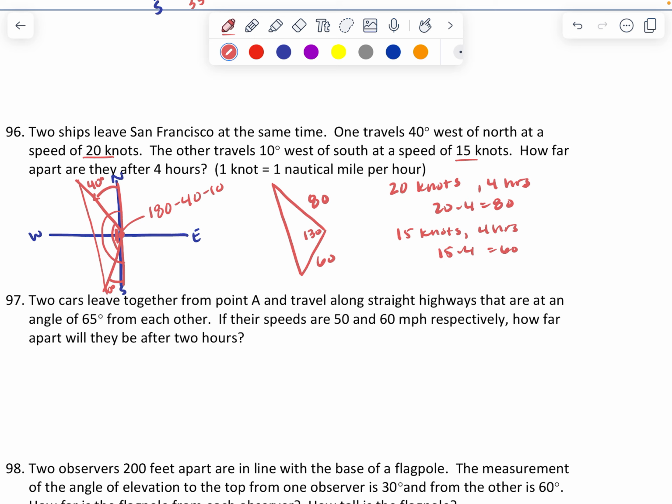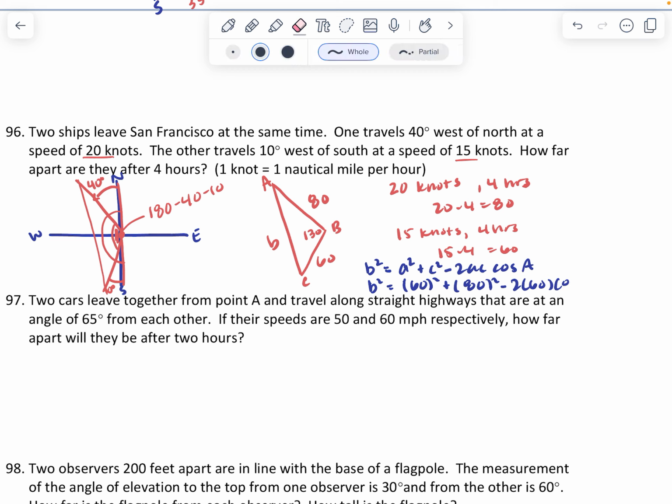And then again, if you want to label this A, B, C, you're looking for how far apart they are, so that's B. Using the law of cosines, you're going to use B squared equals A squared plus C squared minus 2AC cosine of B. Plugging that in, little a is 60, little c is 80, minus 2 times 60 times 80 times the cosine of B, which is 130 degrees.